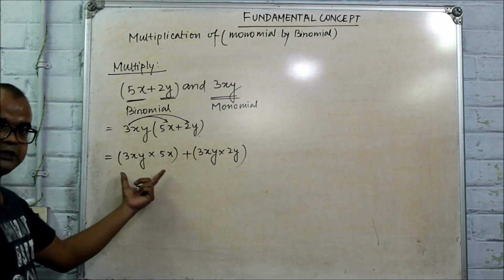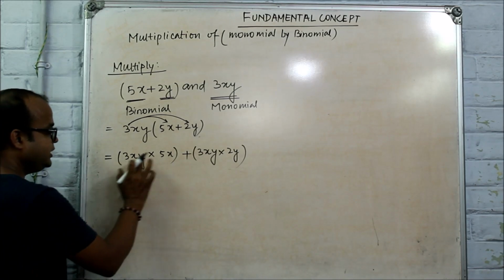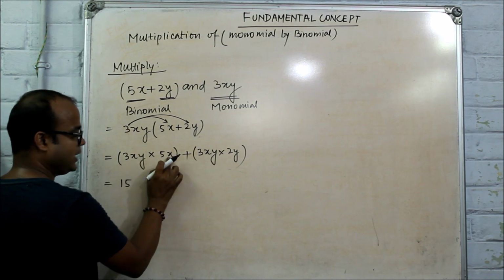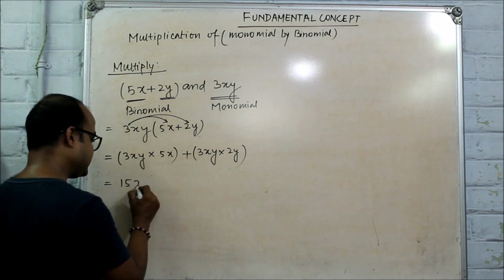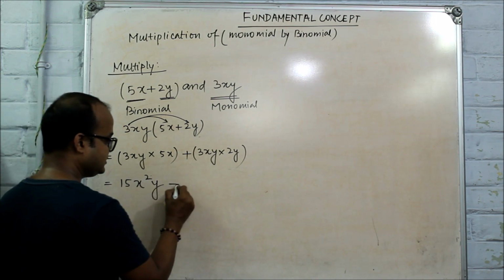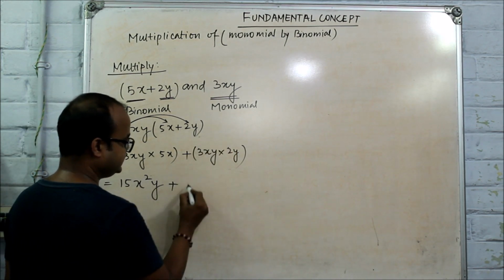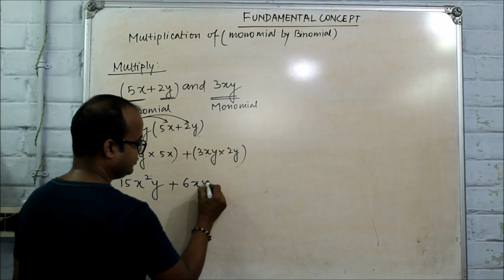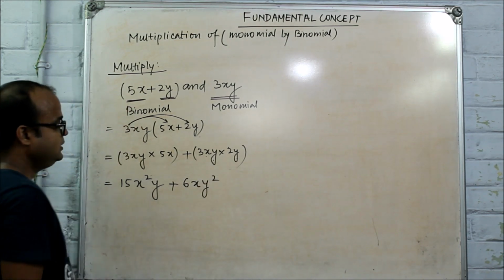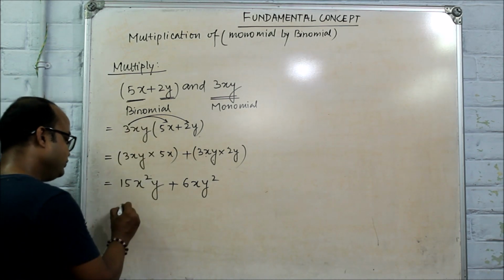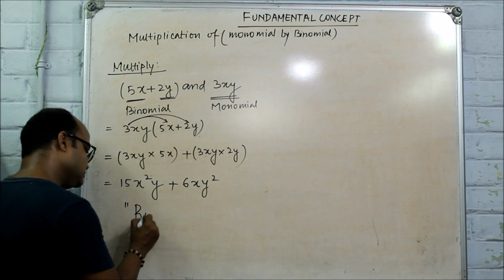Now you know how to multiply monomials. So 3 into 5, 15, x into x, 2 times, so we write x square y, plus 3 into 2 is 6, x, y into y, y square. So this method, if you are multiplying this way, we call it the row method.